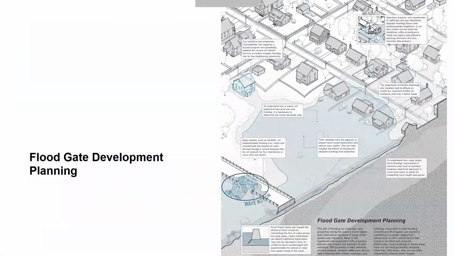And the third graphic is looking at a floodgate and development planning strategy. There are multiple instances across Connecticut's coast where you have inland marsh systems or impounded marshes with roads, housing, and culverts.